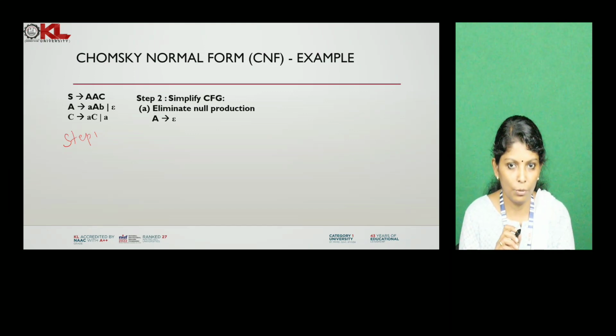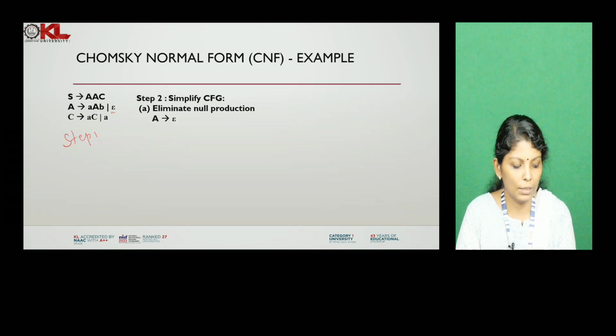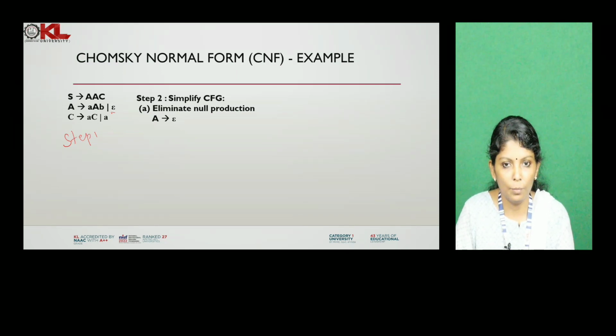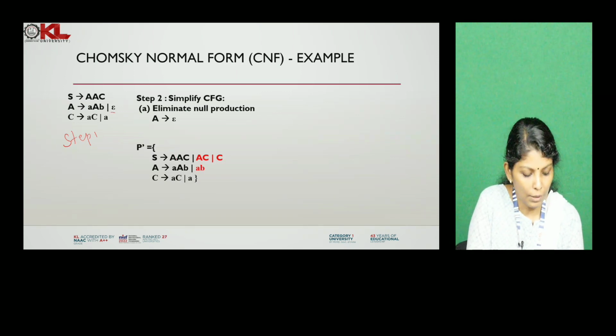So for that, first of all we have to eliminate the null production. We have one null production over here, A gives epsilon. So we have to remove A, and we know how to remove A. When we remove A, we take this production as such, and in place of these A's we have to substitute epsilon.